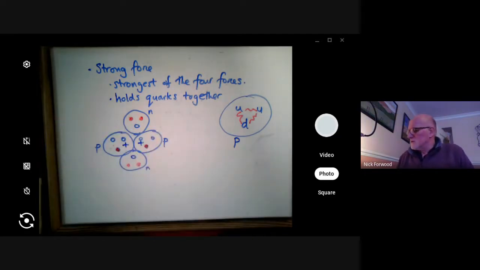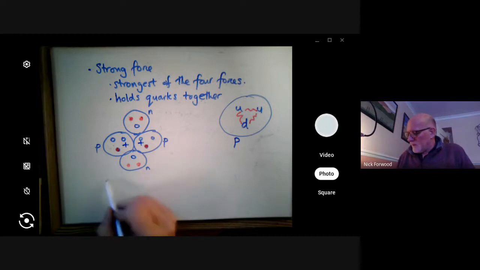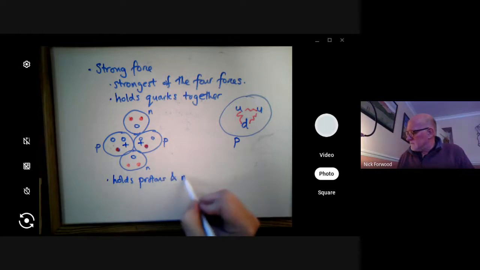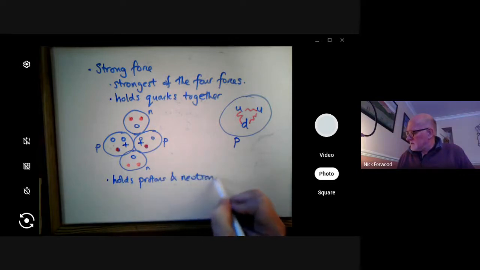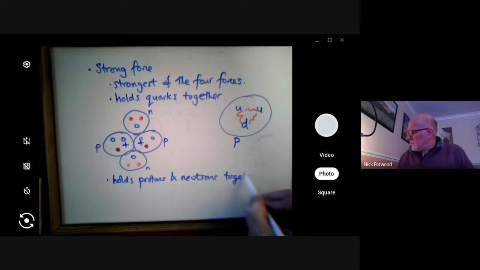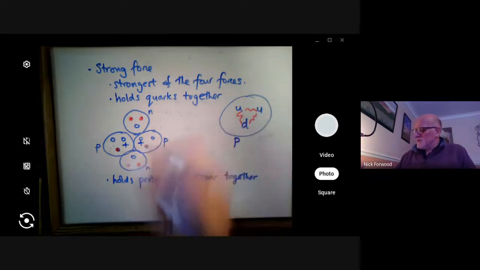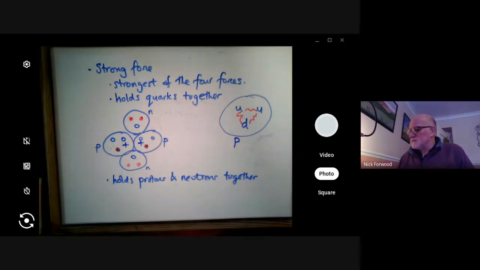So the strong force holds quarks together, and holds protons and neutrons together. Now, because this is a proton and these are protons and they're in the nucleus, sometimes this strong force is called the nuclear force because it acts within and around the nucleus.